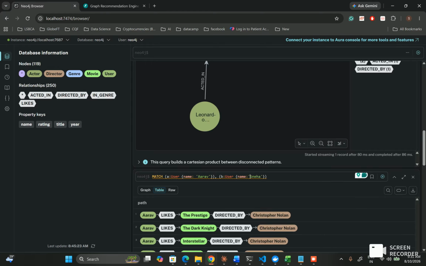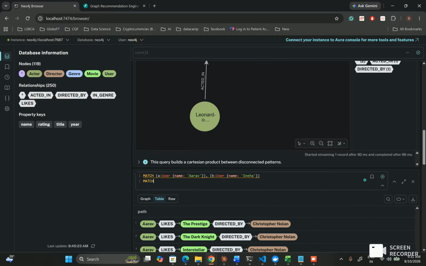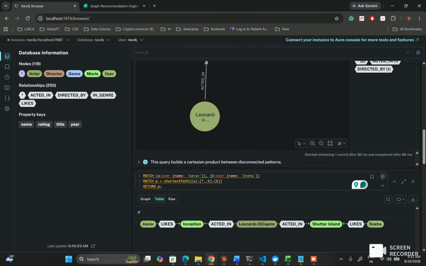Let's take this name, so it must be in the database. Sneha. Match p equals shortest path a star dot dot 6, again putting the limit, b, return p. Let's see what happens.